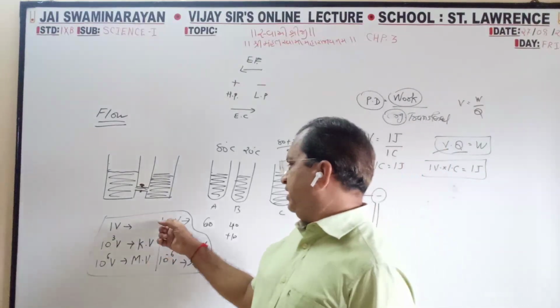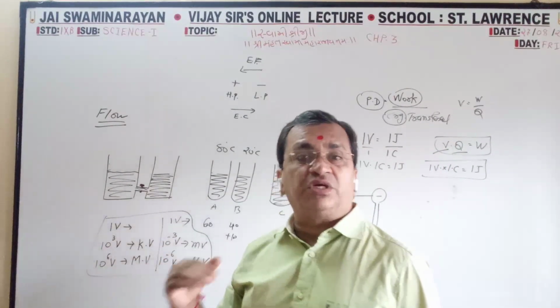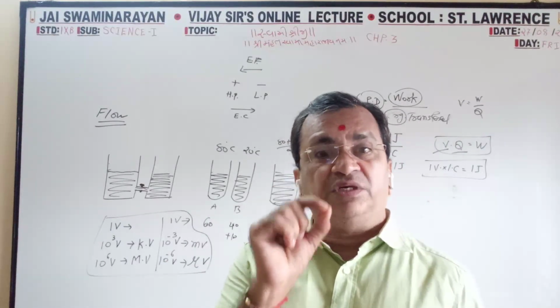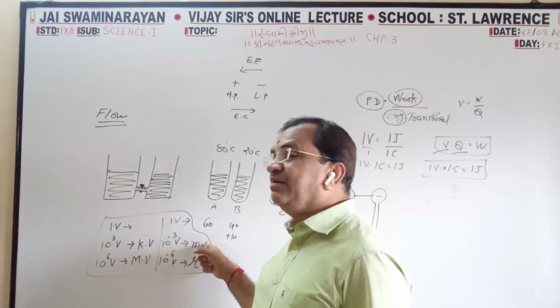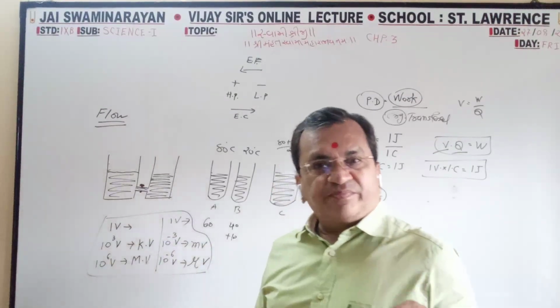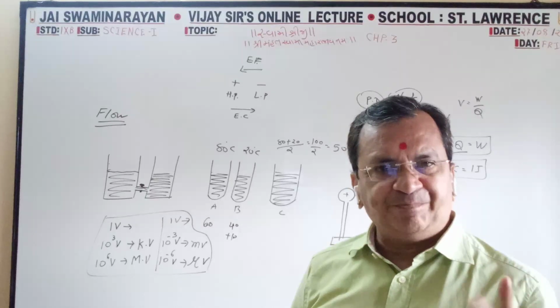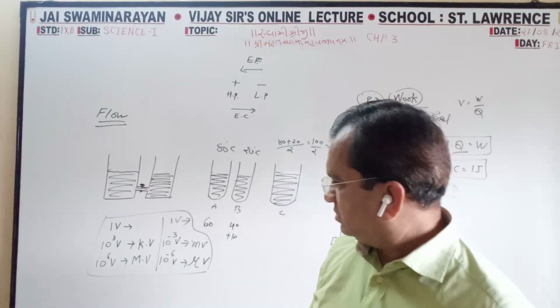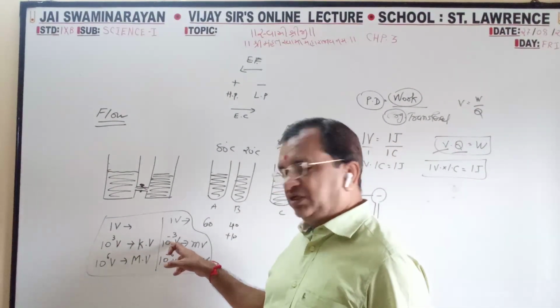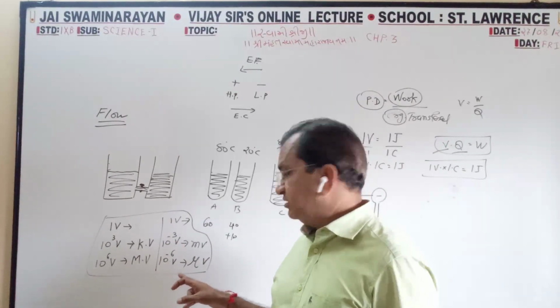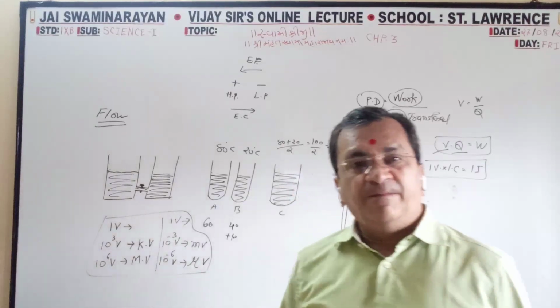Now take a part of 1 volt, make 1000 equal small parts, it is millivolt. Small m, simple small m, it is millivolt. Now again make 1000 parts of this, so 10 raised to minus 6, that is microvolt.